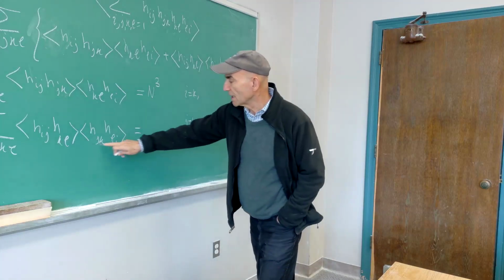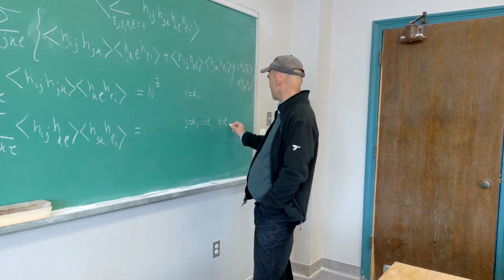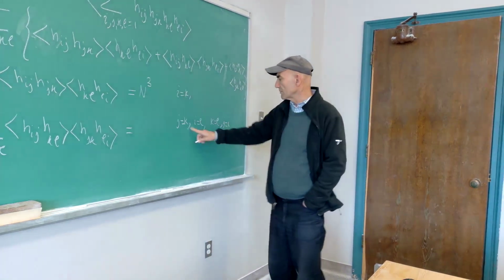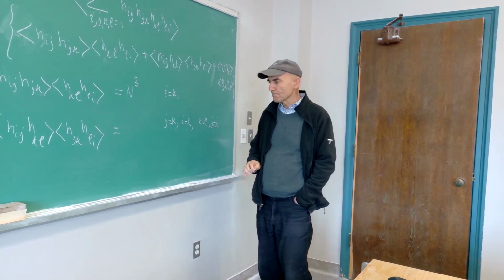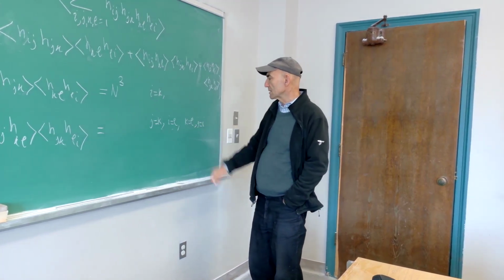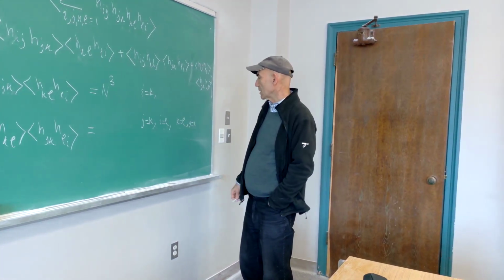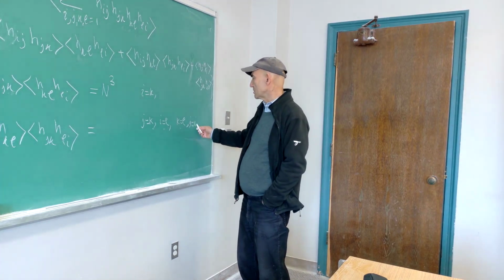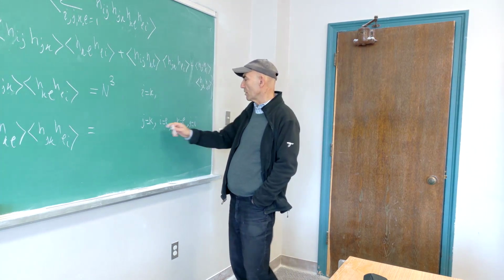And J is equal to I. So we have these four conditions. They tell me that J is equal to I, first of all.